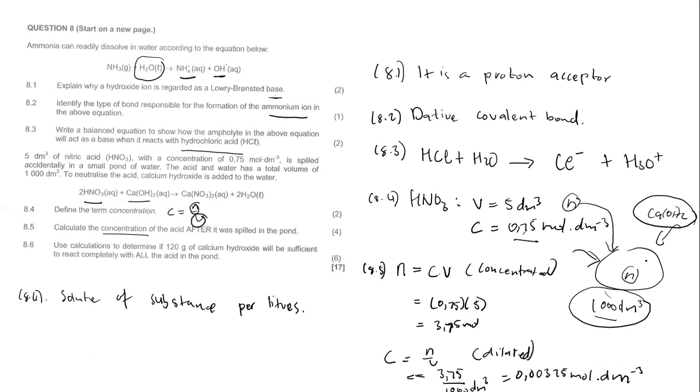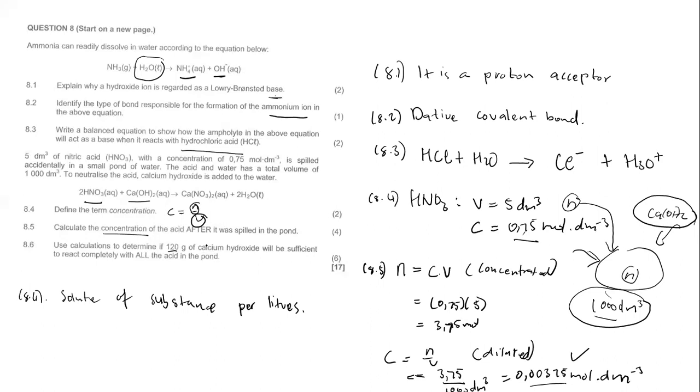This acid in the pond has the concentration that we have just calculated, and because we have a high volume, it is diluted. So we're going to calculate the mass of calcium hydroxide that is needed to neutralize this acid, and then we'll compare it with this mass and conclude from there.